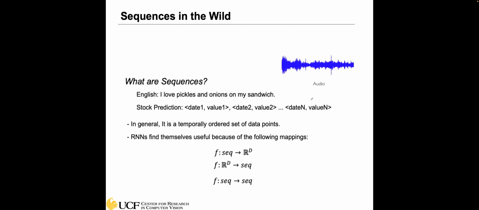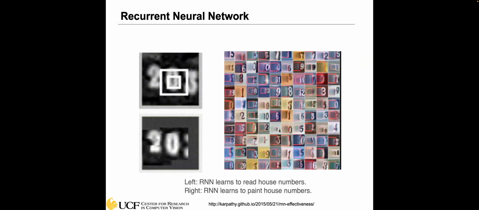Speech is also a sequence. RNN is very useful because it can do sequence mapping, like many-to-one, one-to-many, and sequence-to-sequence mapping. So it's able to handle many application cases.